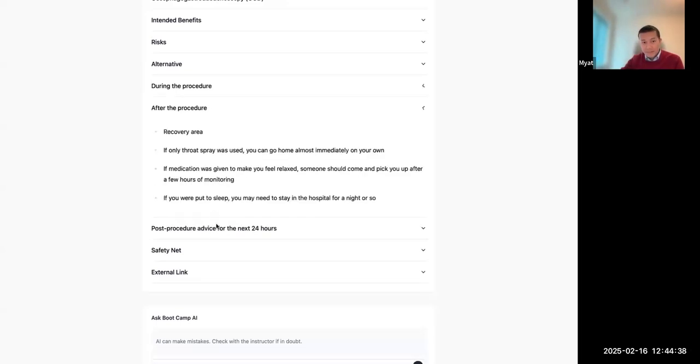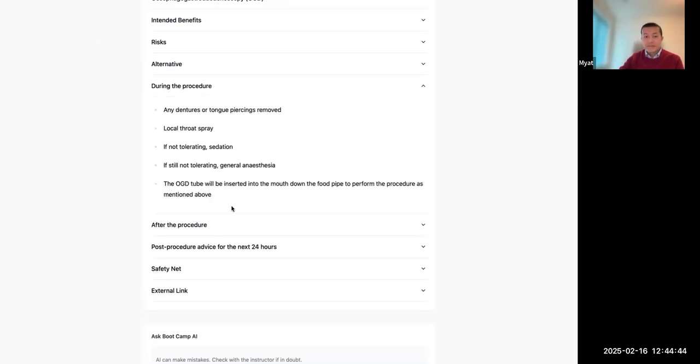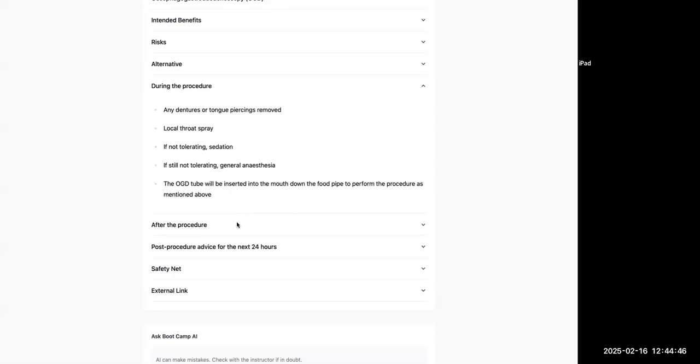After the procedure, the patient goes to the recovery area. When can the patient go home, by the way? Let me ask you before I open this up. With a local throat spray, the patient can go on their own at that time. After using a sedative drug, we will observe the patient for 2 to 4 hours for vitals, and then they can go.